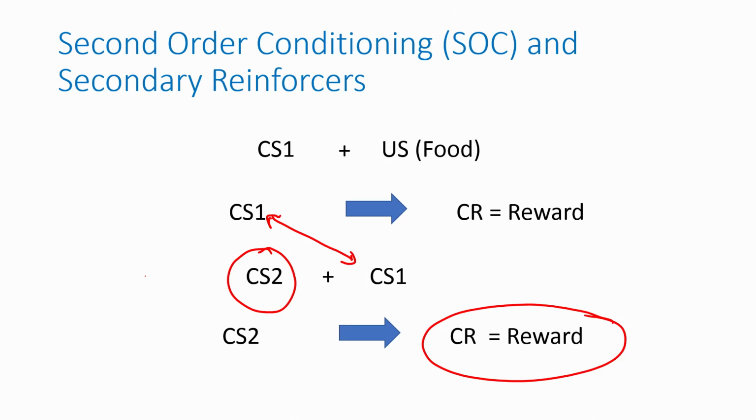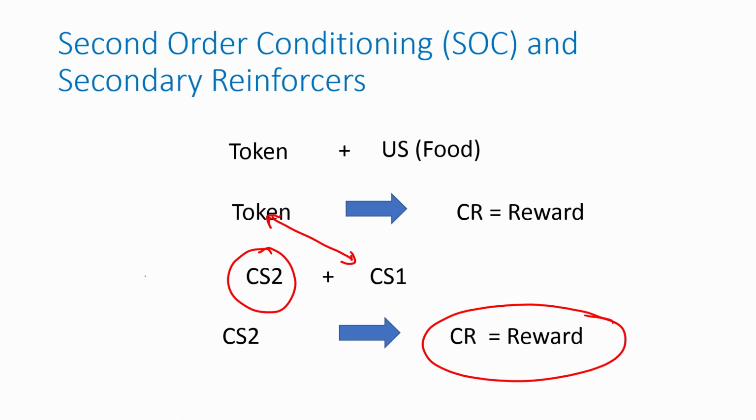Let us say I switch the name of CS1 to a token. So, let us say if you give me a token, I am going to give you food. What is going to happen is that the token itself later on is going to develop a notion of a reward, a feeling of a reward.